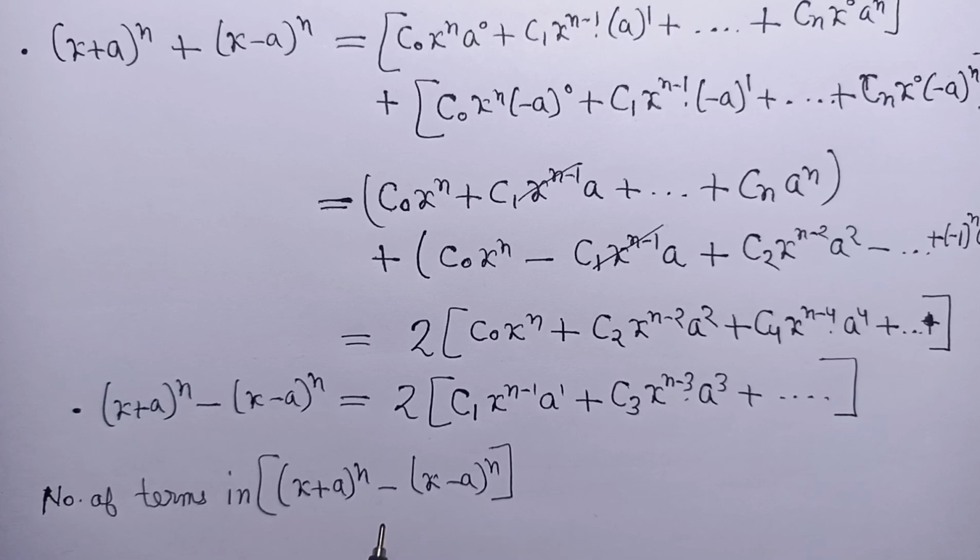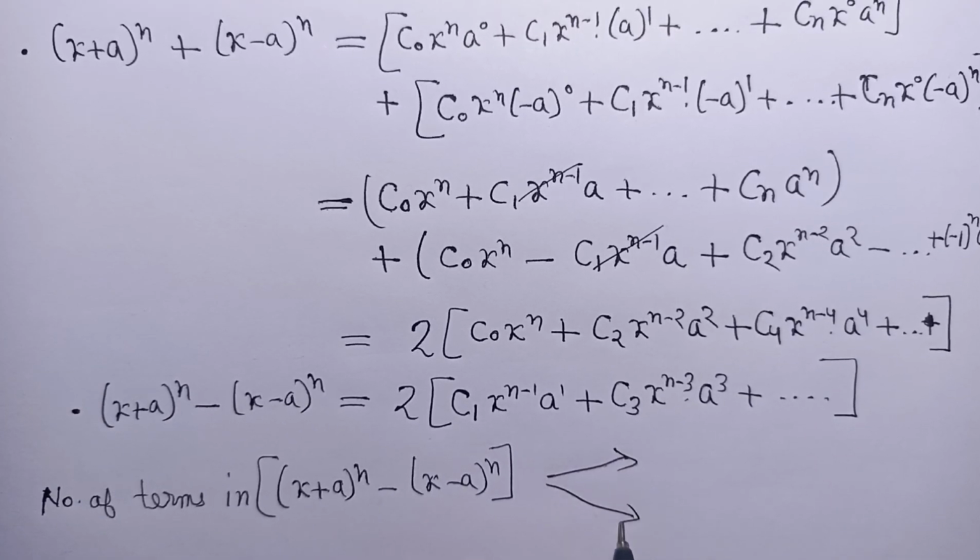If I directly say, this always depends on value of n, whether n is even or whether n is odd. So there are two conditions: one is n is even, second is n is odd.